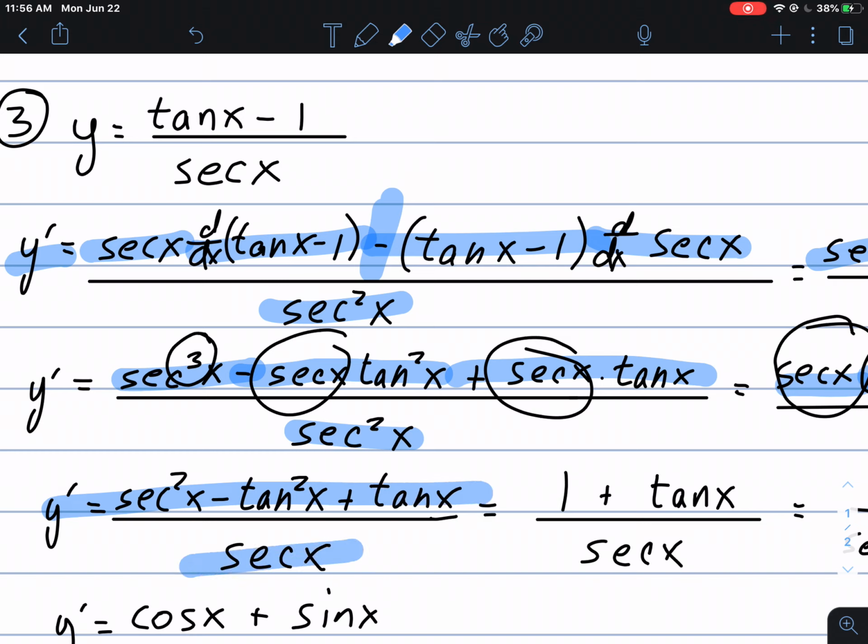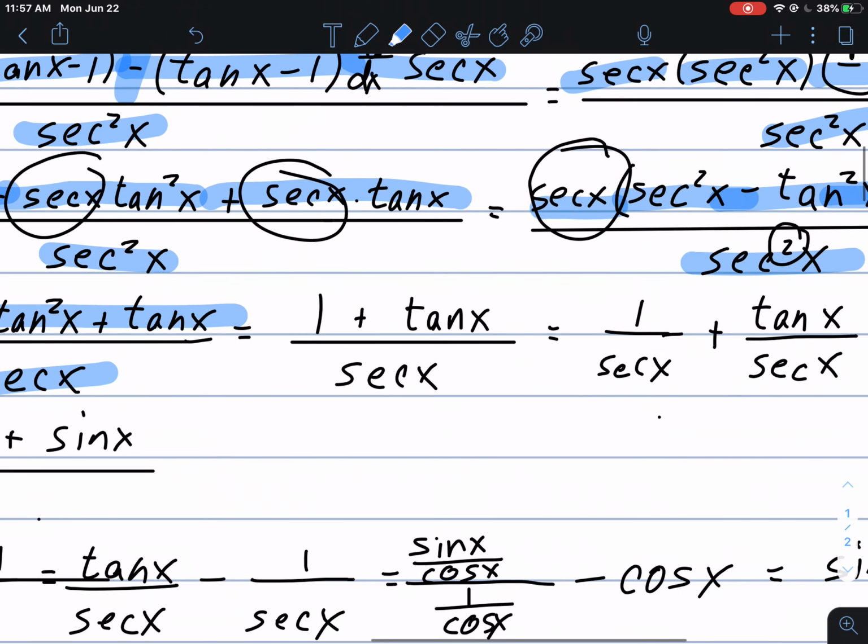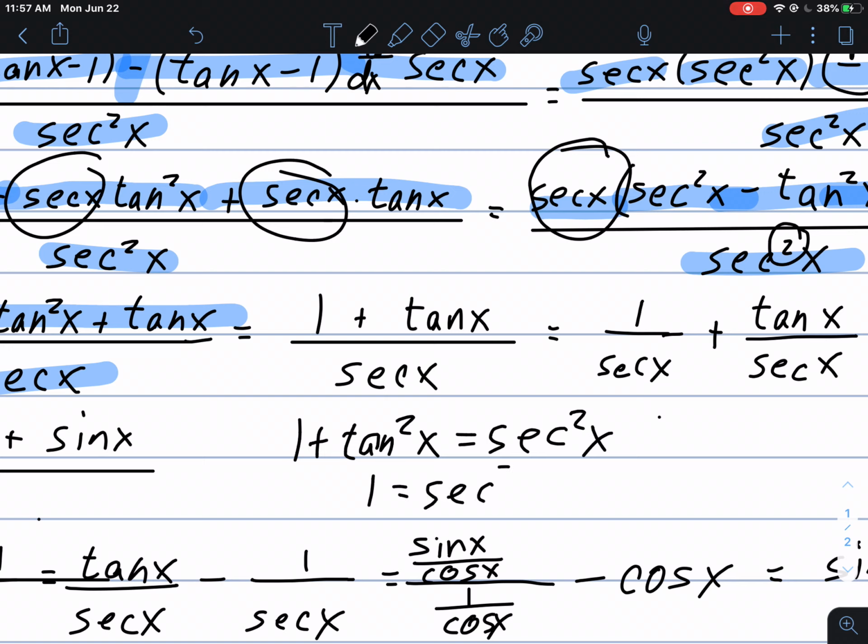Now, the next thing I did, and this is where, as I mentioned earlier, your basic trig identities come in. I see a secant squared and a tan squared. Remember, there's a Pythagorean identity there that says 1 plus tan squared is equal to secant squared. That's a Pythagorean identity. So notice I can take that and rewrite it and say that 1 would be equal to secant squared minus tan squared.